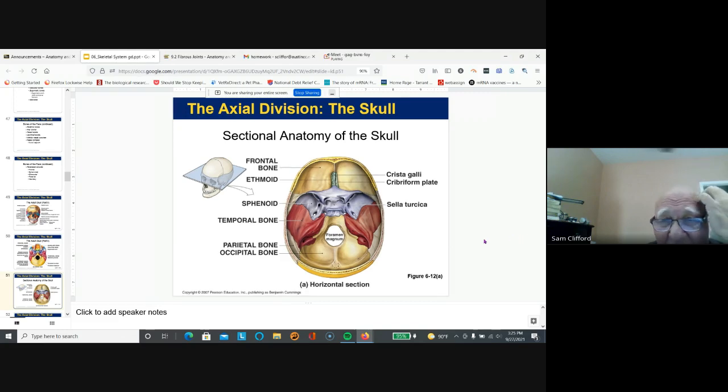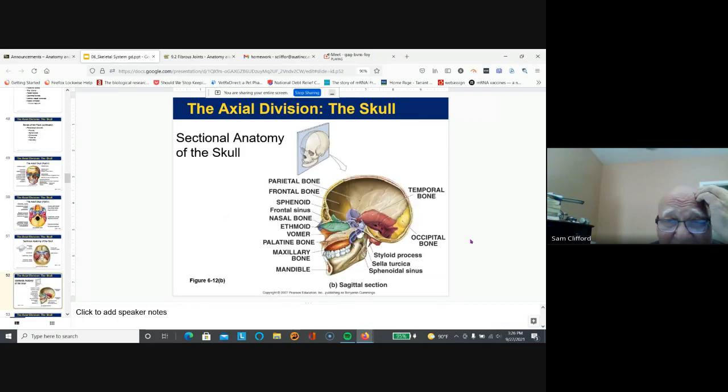So on the ethmoid bone, you have the crista galli, which means coxcomb. You have the sella turcica in the sphenoid bone, where the pituitary gland sits right there. The foramen magnum is the big window. Okay, so here's another view.